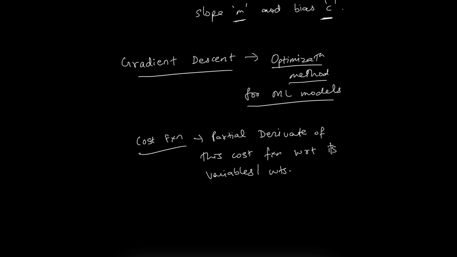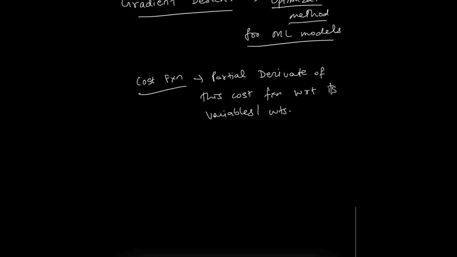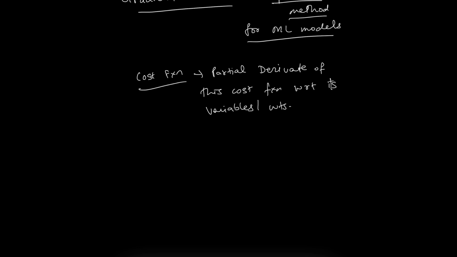Basically here it's going to take the derivative with respect to m and c. In our case for linear regression we need to optimize for m and c, which is why we are taking the partial derivative for both of these variables.